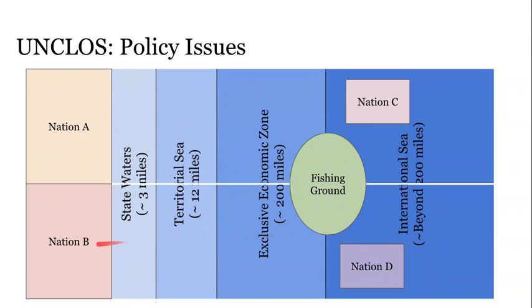There may be a bilateral agreement between nation A and nation B about access. There might be a bilateral agreement outside of UNCLOS, between nation B and nation D about access, where nation B says you do not access this, even though it's here, because you agree that this is our fishing ground, or you limit your access to X amount to ensure the survival of the fishery, et cetera, et cetera.